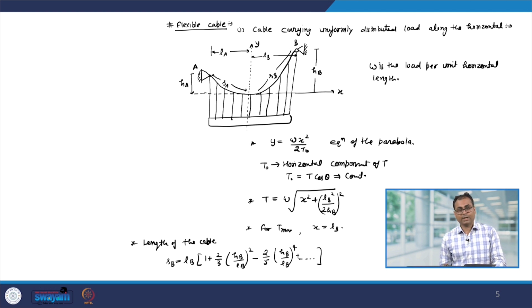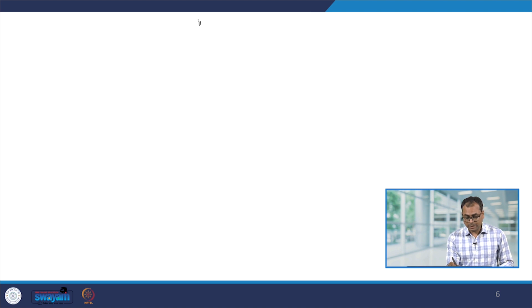Similarly, you can find SA, then the total length will be SA plus SB. Herein you have to note that HB over LB has to be less than half. In the second case, the loading intensity was uniformly distributed along the length of the cable. So, this was the case wherein you can think of the cable hanging under its own weight.